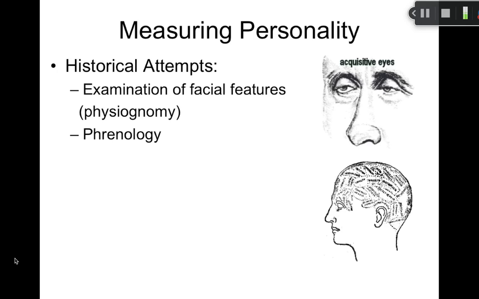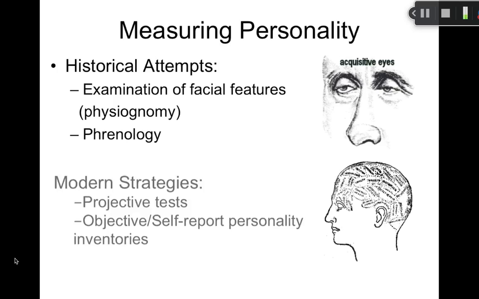There were also the phrenologists, Franz Gall and company, who believed that they could discern internal characteristics from external features. That is, the lumps and bumps and indentations on a person's skull would correlate with internal traits and attributes. There's actually no scientific evidence for either of these approaches.